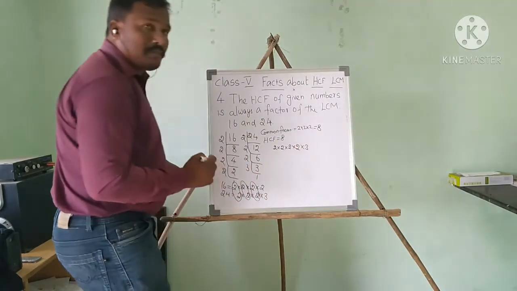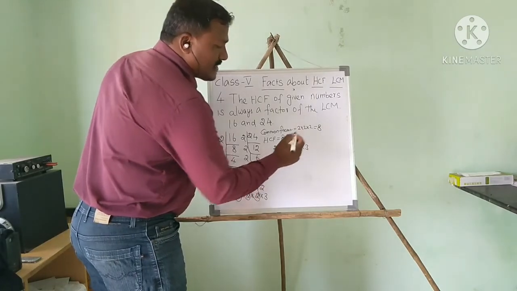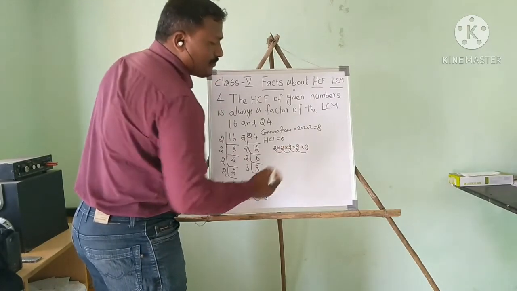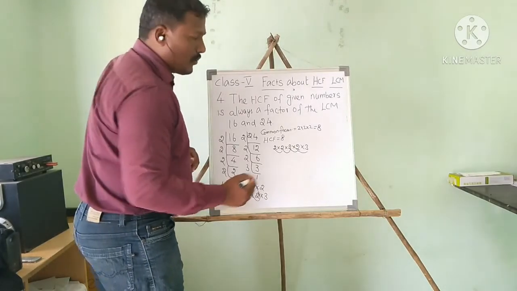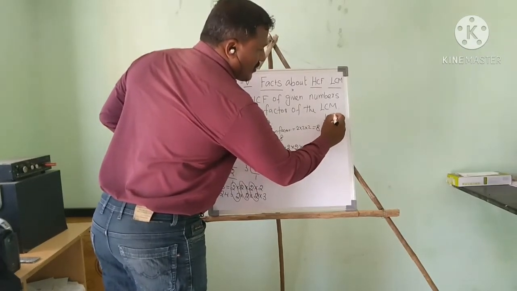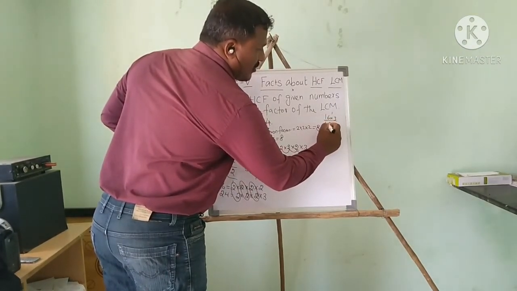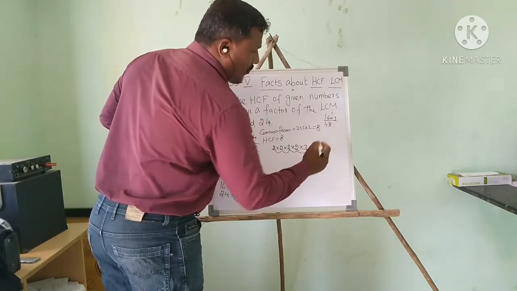So if you multiply that, 2 2s are 4, 4 2s are 8, 8 2s are 16, 16 3s are 48.